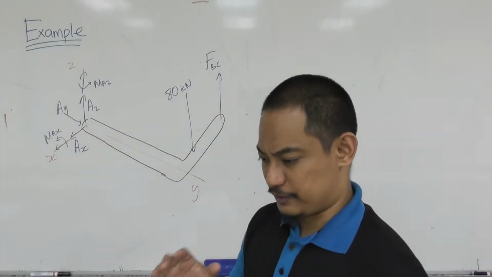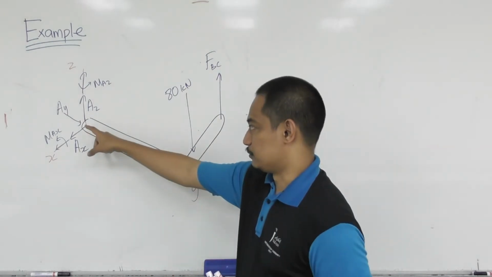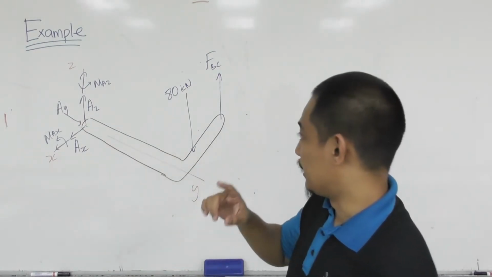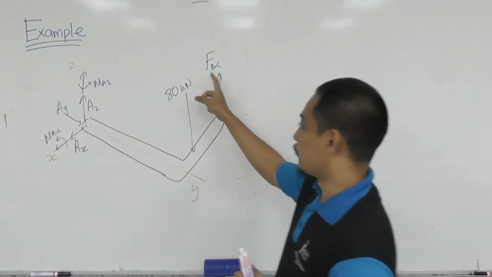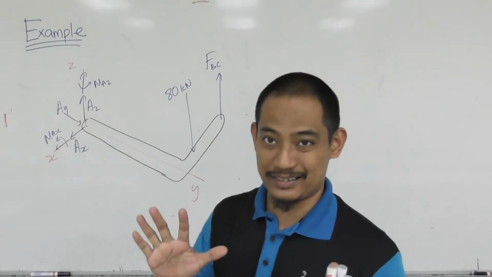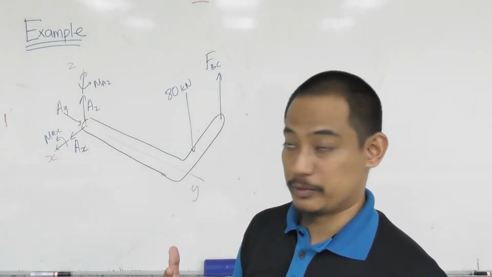The only freedom is the rotation about the y-axis. So in the end, we have 5 unknowns here and 1 unknown here, which makes it 6, and we can solve it because we have 6 equations of equilibrium.